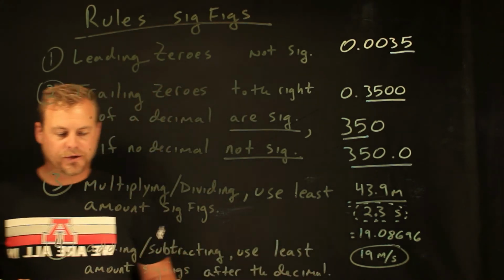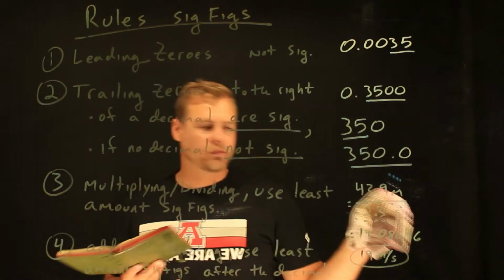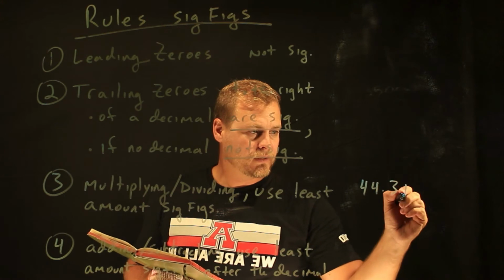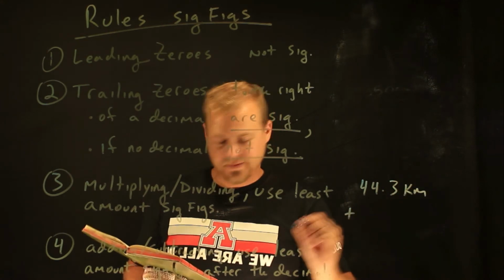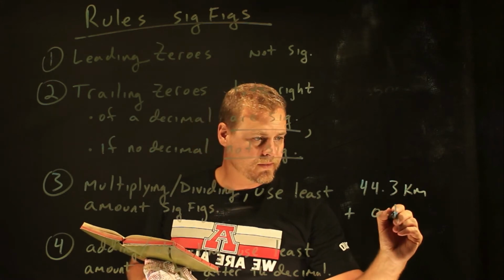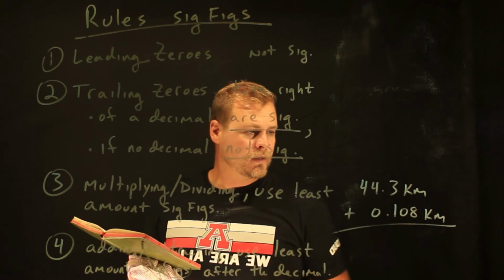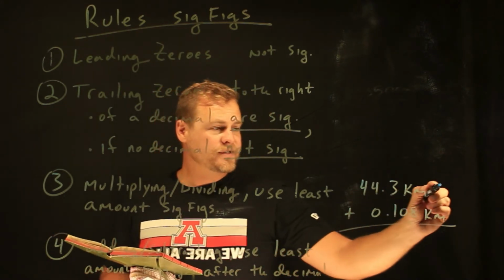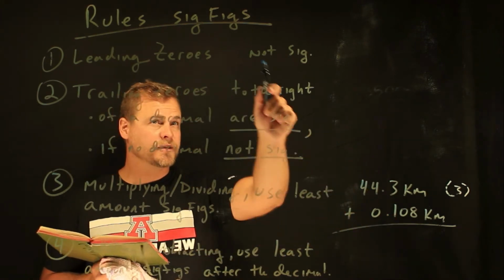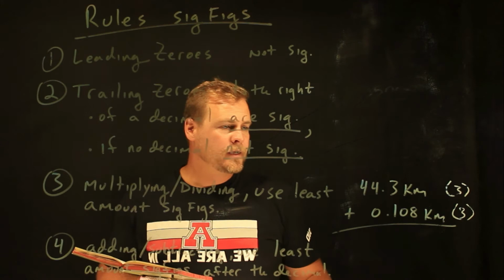Adding and subtracting, you're going to use the least amount of sig figs after the decimal. If I had 44.3 kilometers and I was going to add that to 0.108 kilometers, this one has 3 sig figs overall. This one, because the leading zero is not significant, has 3 sig figs overall, okay?